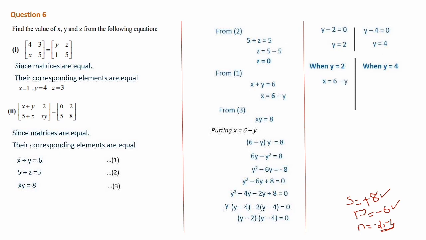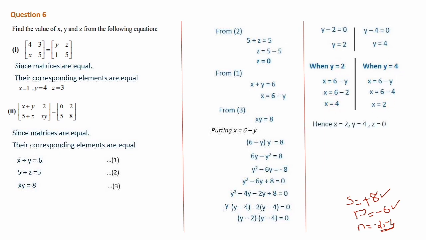Then when y is equal to 2 and when y is equal to 4, these are the two values of y. So when you put y is equal to 2, the value of x is 6 minus y, the value of x is 6 minus 2, that is equal to 4. Then when y is equal to 4, value of x is 6 minus y, that is 6 minus 4, which is 2. So for two values of y we have got two values of x.